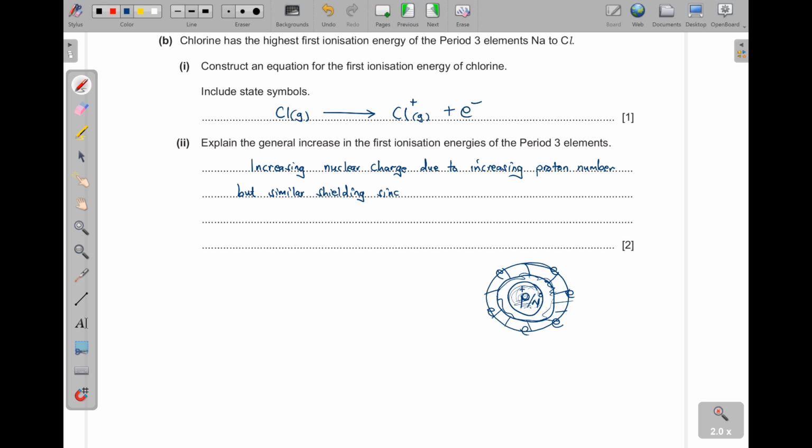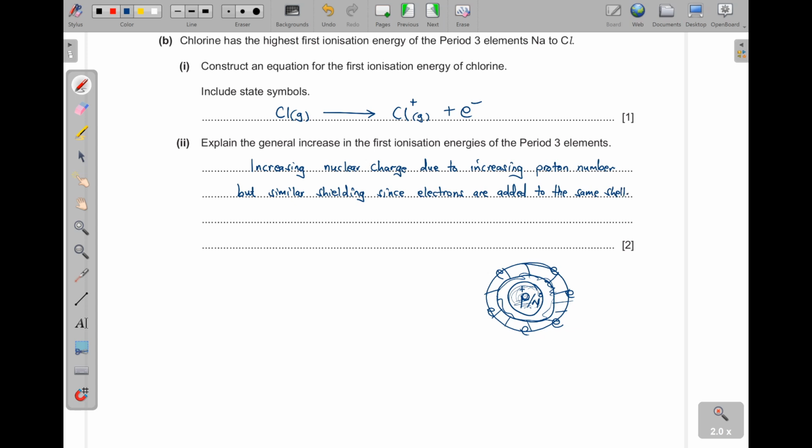Since electrons are added to the same shell. So what?